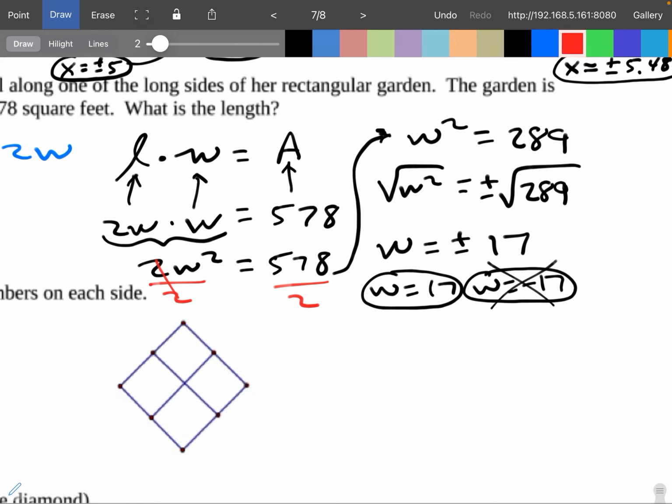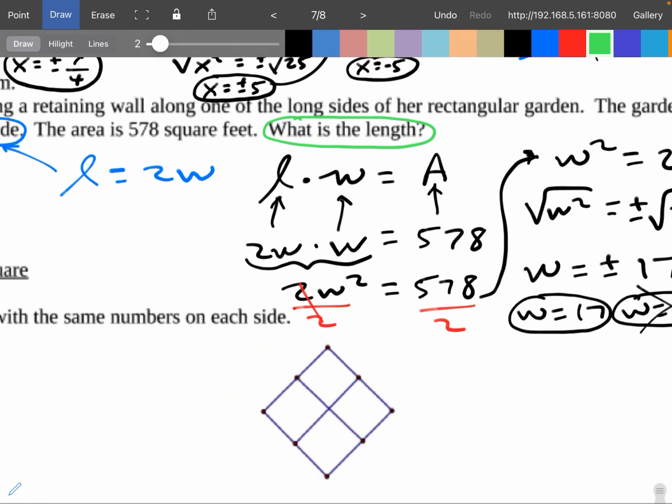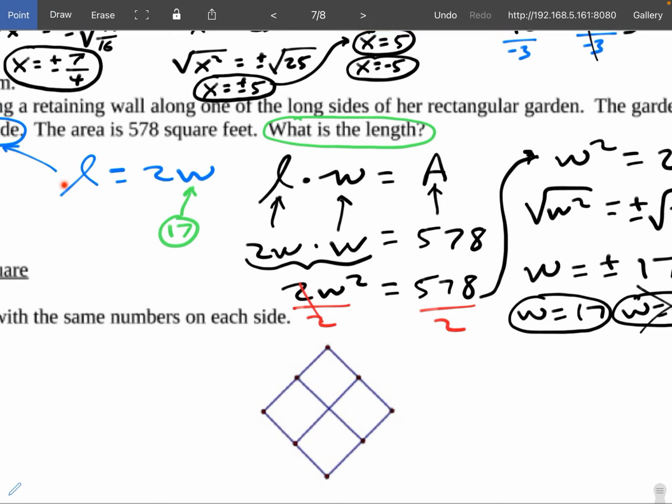Now, what were we supposed to find? Yeah, it says what is the length. So they're being even more tricky on this one. The question here was what is the length? Well, that means we got to take whatever we got for the width and plug it into this expression right here. We want to take the 17 and plug it in right there.